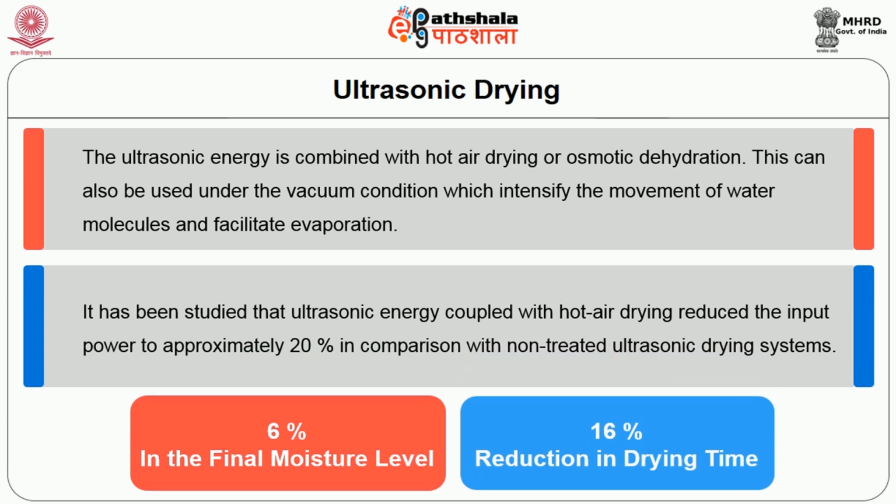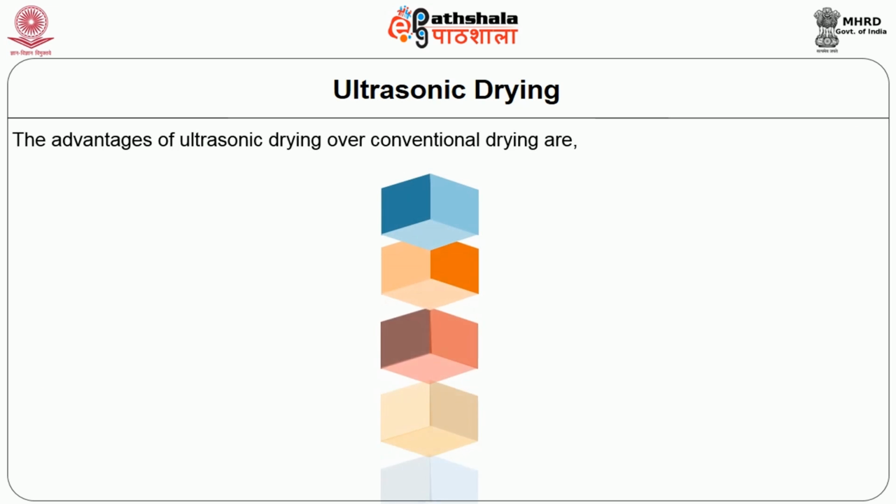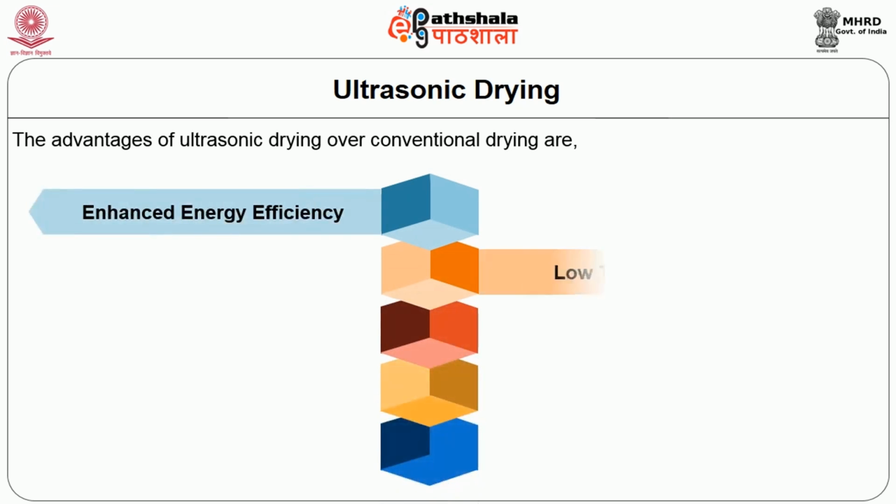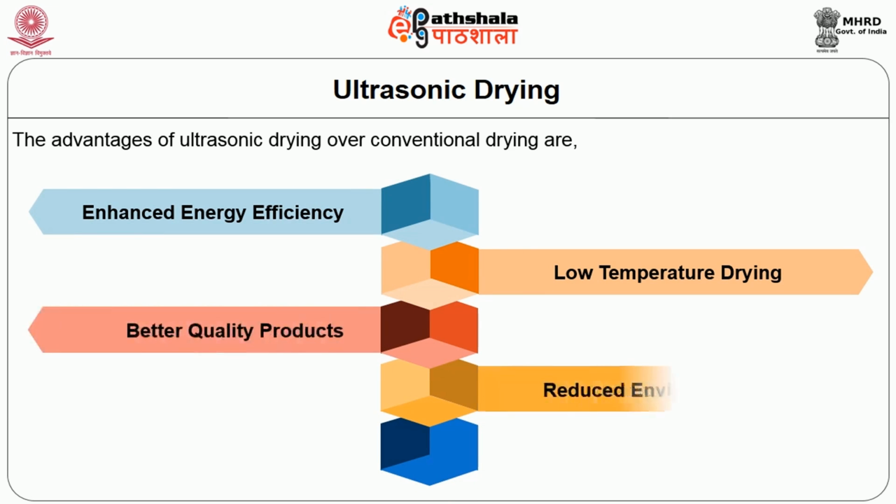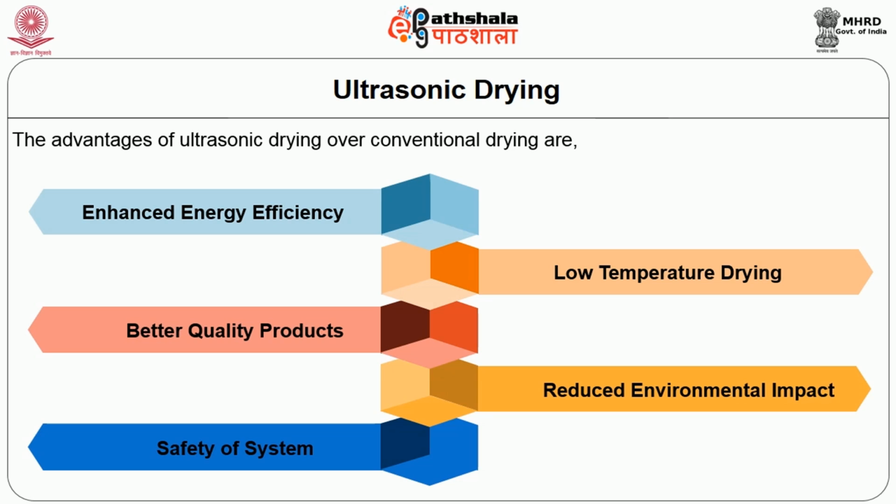Also, it leads to a decrease of 6% in the final moisture level and a 16% reduction in the drying time. The advantages of ultrasonic drying over conventional drying are enhanced energy efficiency, low temperature drying, better quality products, reduced environmental impact and safety of the system.